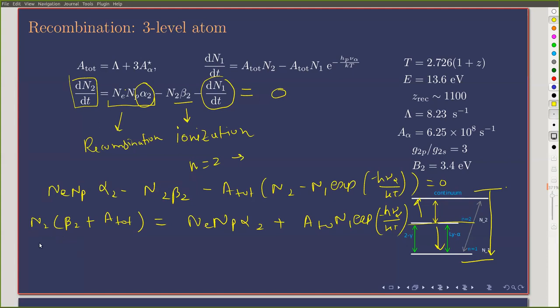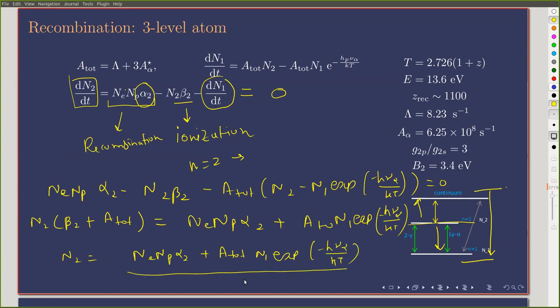So basically, N2 is going to be the ratio of these two. Let me write it down. Is that fine? If I make any mistakes, just let me know.